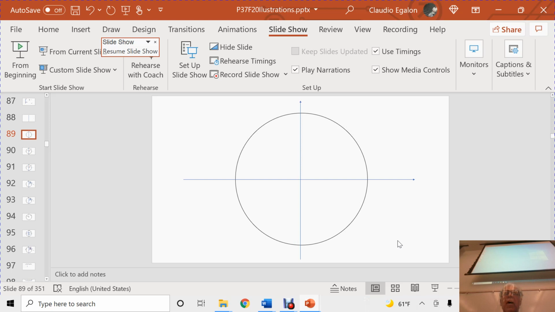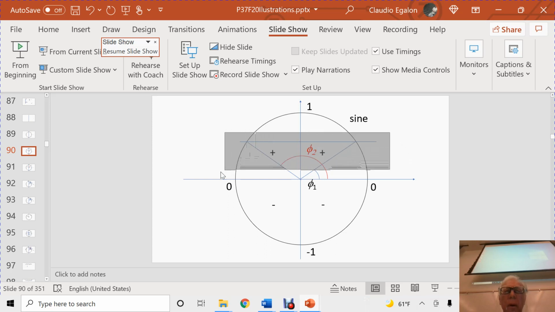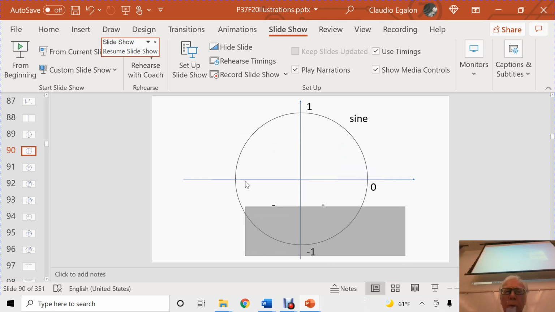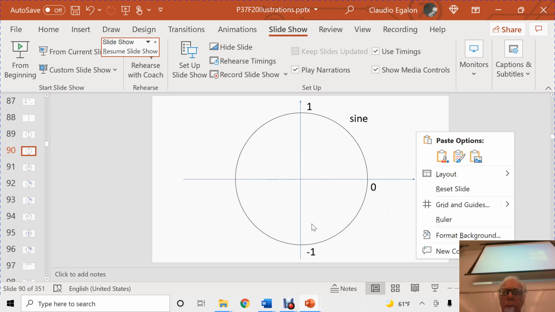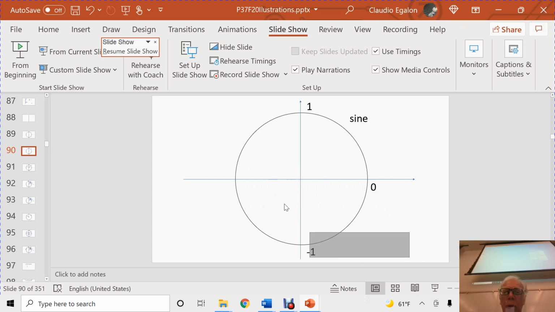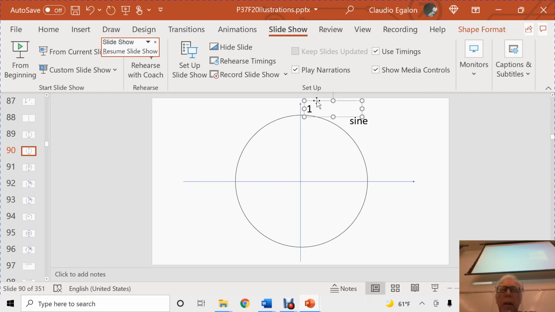Then you put the circle there, because it's the sine circle that we're interested in. Okay, let me take out the numbers as well. I want to do this step by step. The numbers are gonna come afterwards. Okay, here we go. Sine. Here you go.